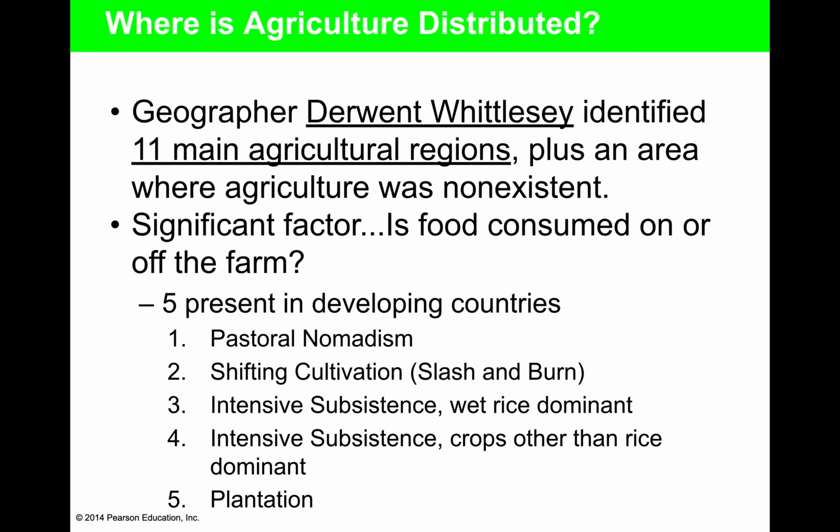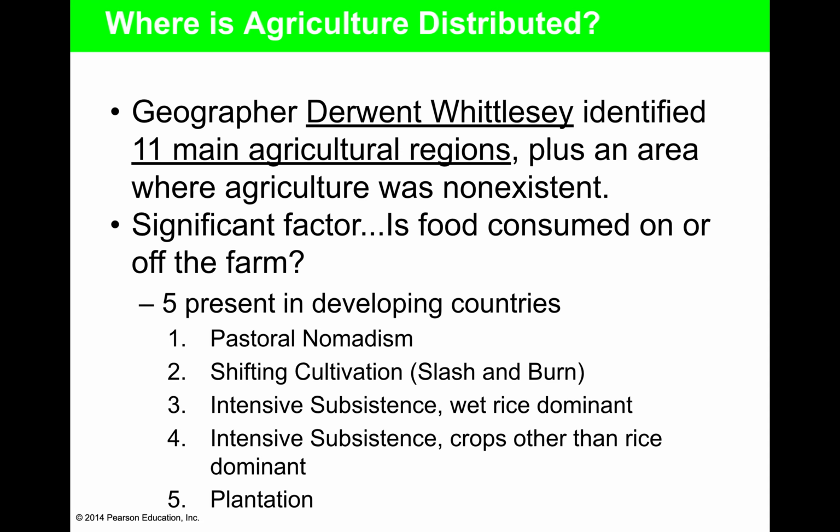He identified the 5 agricultural regions as intensive subsistence wet rice, found in concentrations in East Asia and South Asia. He identified intensive subsistence wet rice non-dominant, found in East Asia and South Asia where rice growing is difficult. He identified pastoral nomadism, which is the dry or arid lands of Southwest Asia, North Africa, Central Asia, and East Asia.